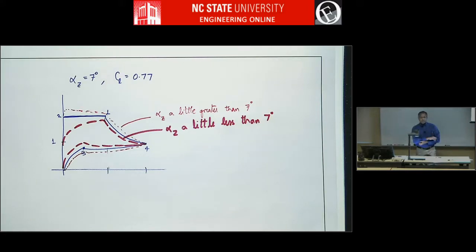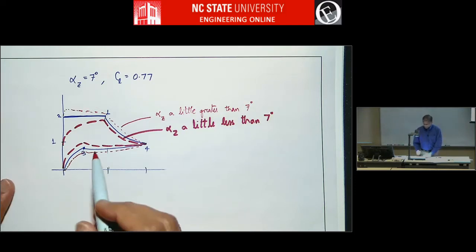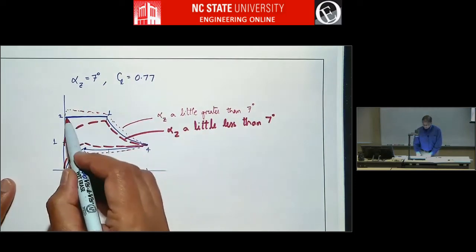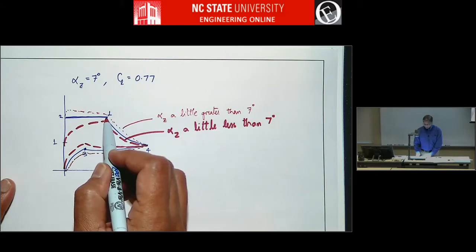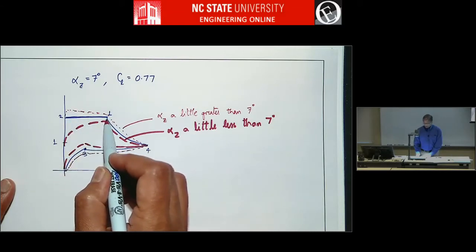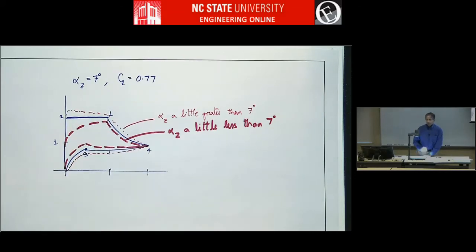So if this happens to be a Reynolds number where you need something like a flat zero velocity gradient to sustain laminar flow, then at CL of 0.77 you'll have laminar flow all the way till here. At a CL of little greater than 0.77, laminar flow will suddenly transition, will move from here to here. So you're defining where the upper corner of the drag bucket is.